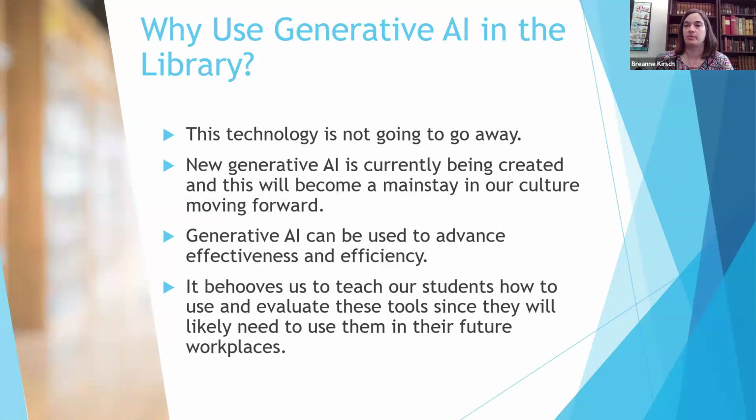Are we going to support patrons in trying to use these new technology tools, or are we going to try to prevent them from using these tech tools and police them? So it's a balancing act. There are issues and challenges with generative AI, which I'll touch on briefly in a little bit, but we do need to think about how we're going to respond to these.